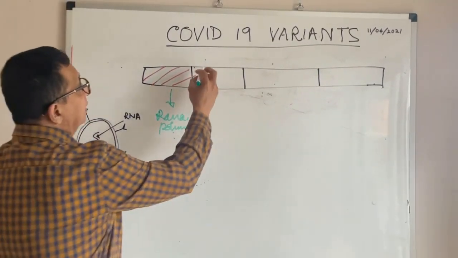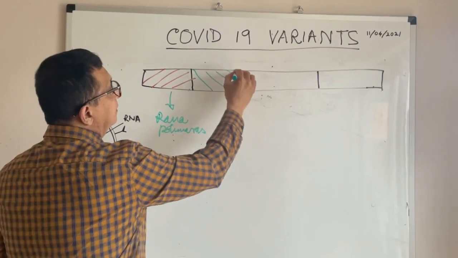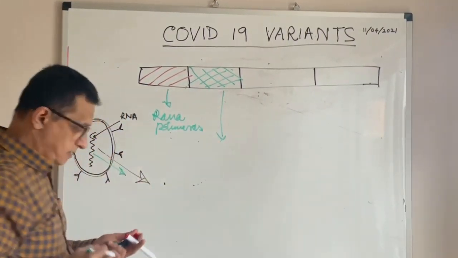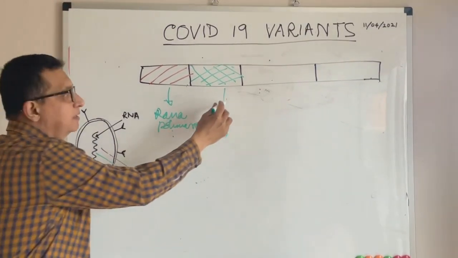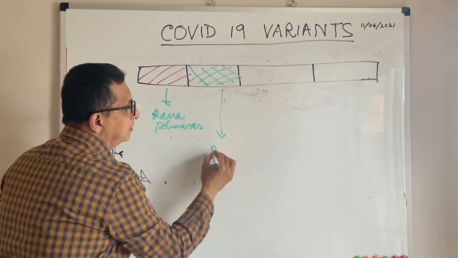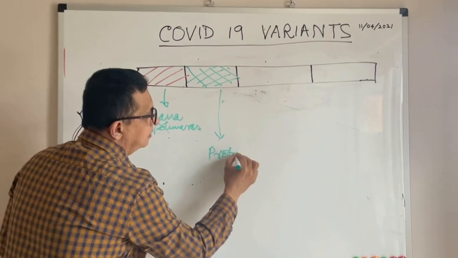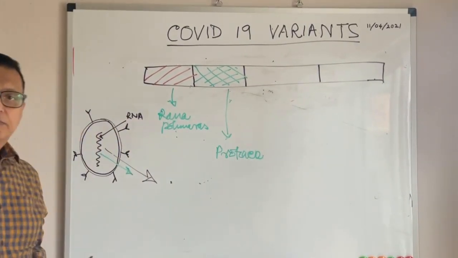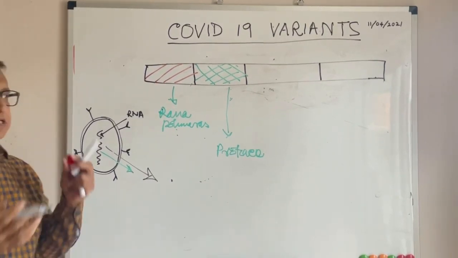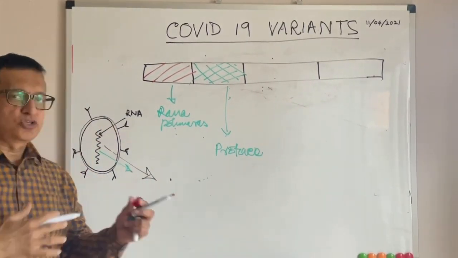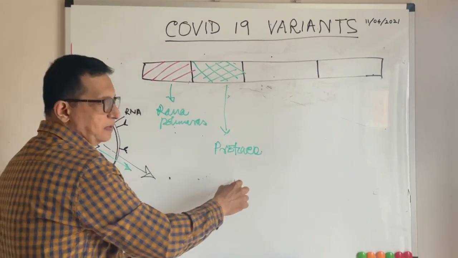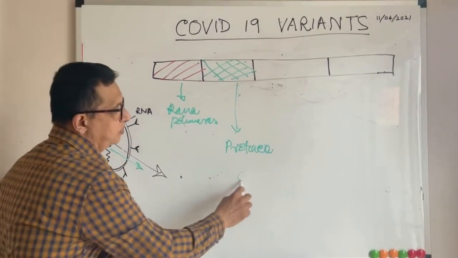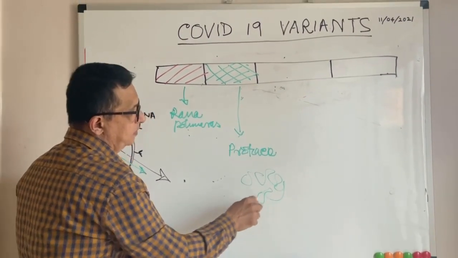And the other part is responsible for the protease production inside the host cell, which divides the polyproteins into organelles of the virus.